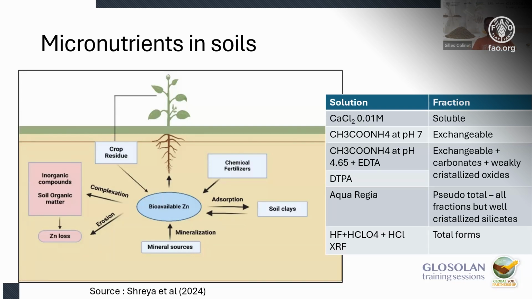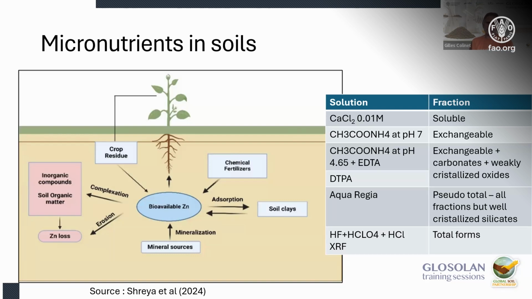And then you have the exchangeable, which are forms that may not be used directly, but are susceptible to go into the soil solution through the reaction between the solid phase and the liquid phase. So it's considered as available if you integrate the processes over a longer time than just the instantaneous moment.